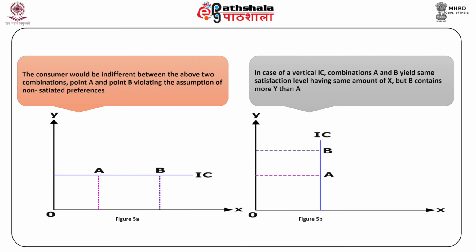Instead of being negatively sloped, if indifference curves were horizontal, the consumer would be indifferent between the above two combinations, point A and point B. But this would violate our assumption of non-satiated preferences, ruling out horizontal indifference curves when the two goods are normal. The situation is illustrated in figure 5a.